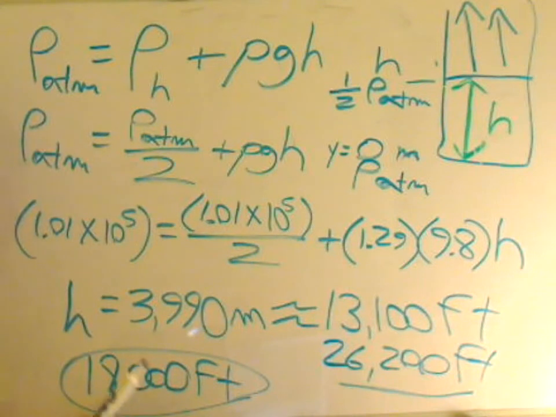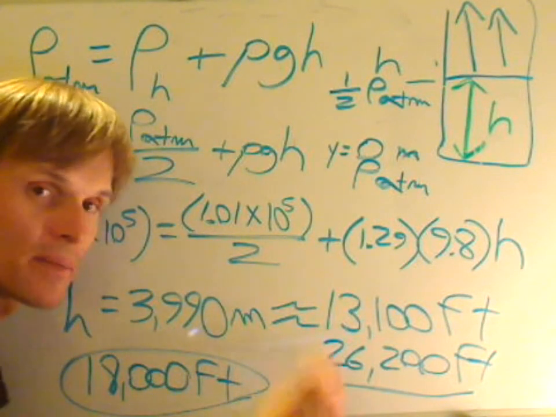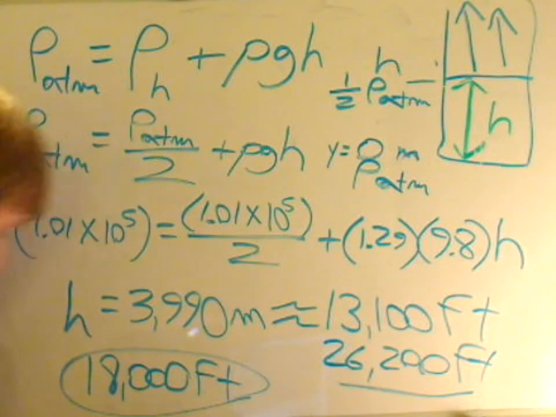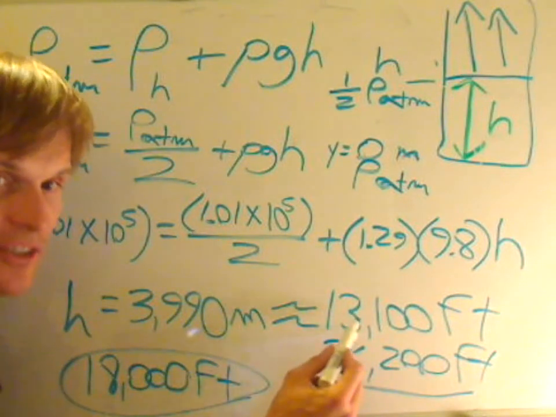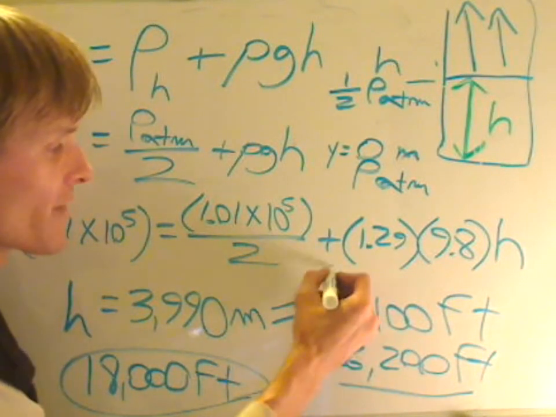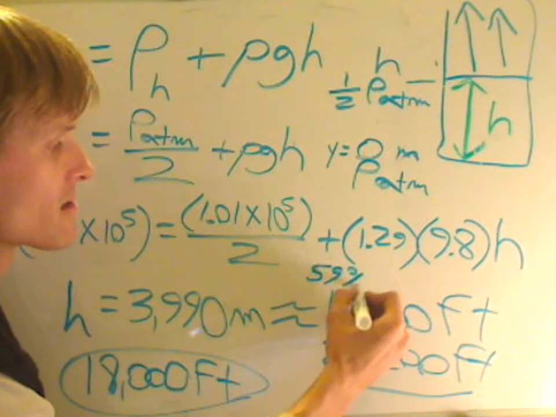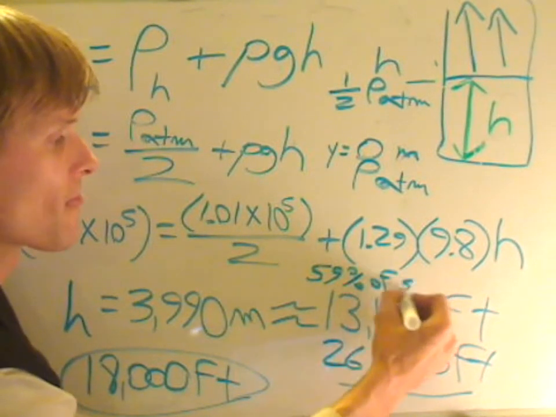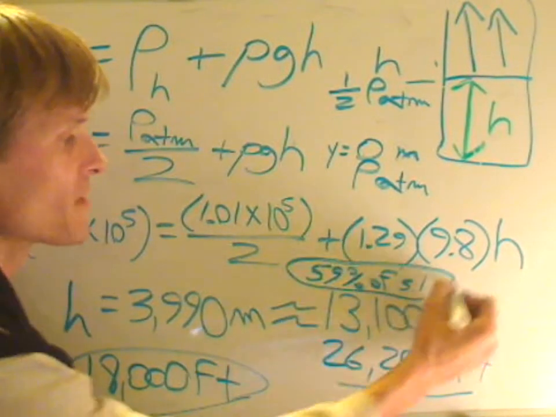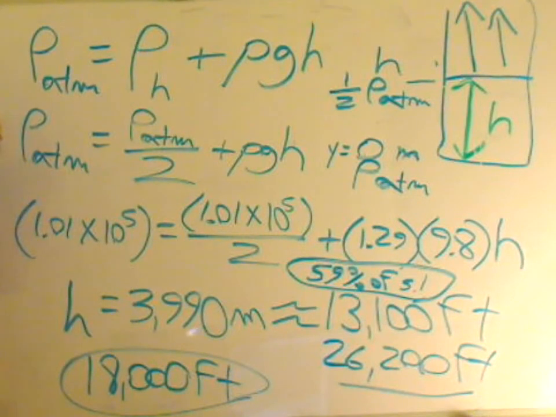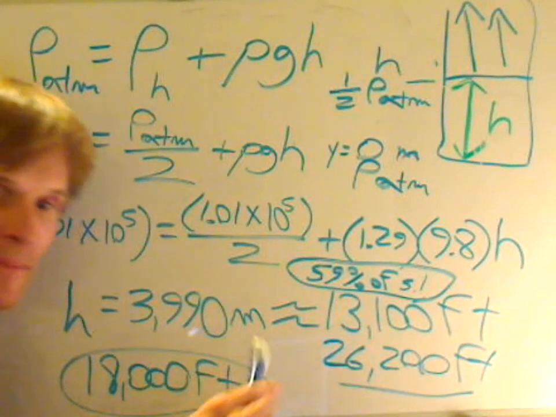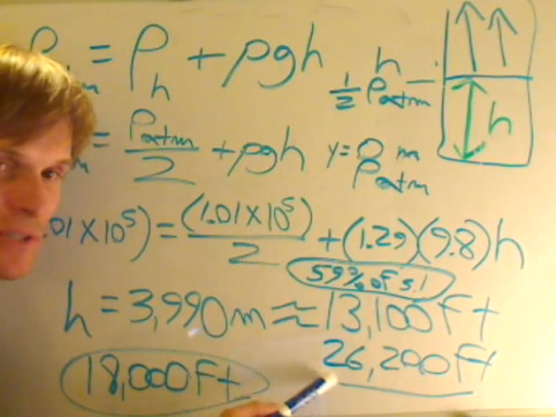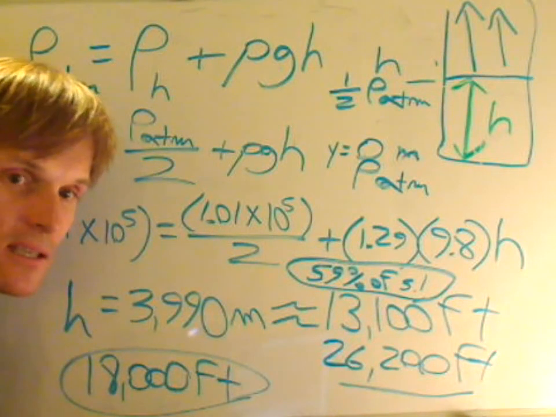But actually, the density drops by half every 18,000 feet, and the atmosphere extends well above 26,000 feet. As a result, the actual pressure at 13,100 feet is more like 59% of sea level instead of 50%, because the atmosphere extends much higher than this particular model suggests.